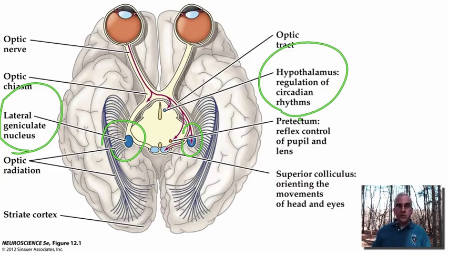Now, we might have assumed that these inputs are coming from collaterals of retinal ganglion cells that are otherwise projecting into the lateral geniculate nucleus. Fairly recently, we discovered that that's not the case. These inputs are actually coming from a special set of ganglion cells that have their own opsin protein, meaning that they can transduce photons of light directly, even without the outer layers of the retina.